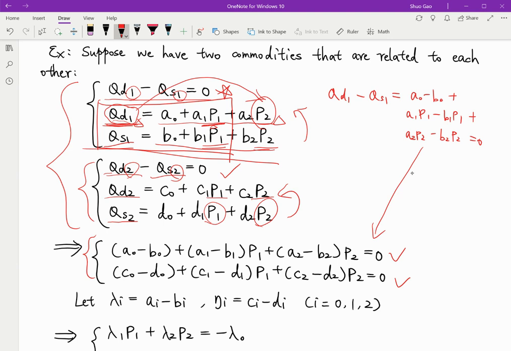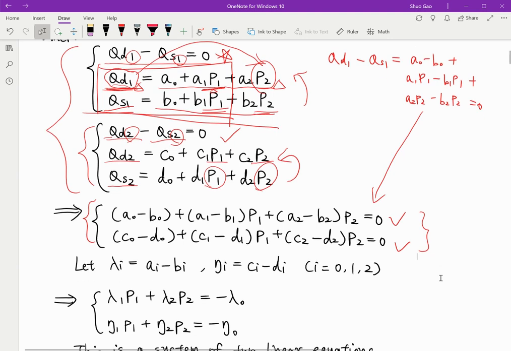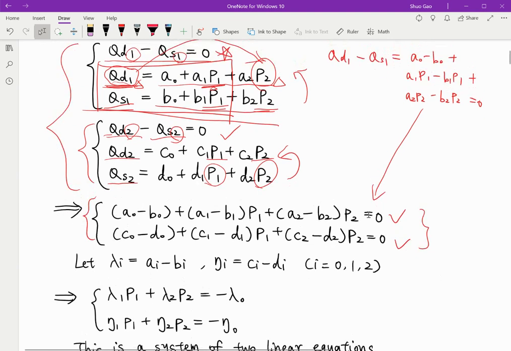So from the 6 original equations, we can reduce it to the 2 equations here, the system. And that will be much easier for us to solve, because we now get rid of QD1, QD2, QS1, QS2, and only P1 and P2 are left in the system.